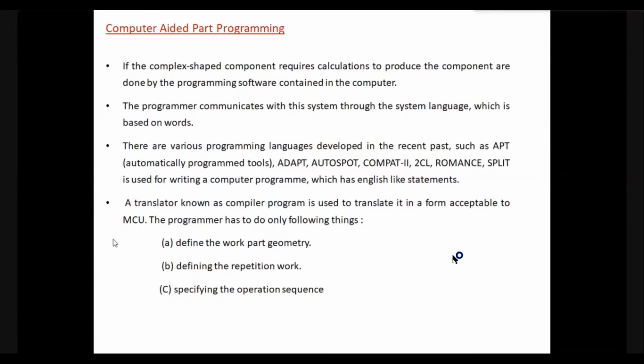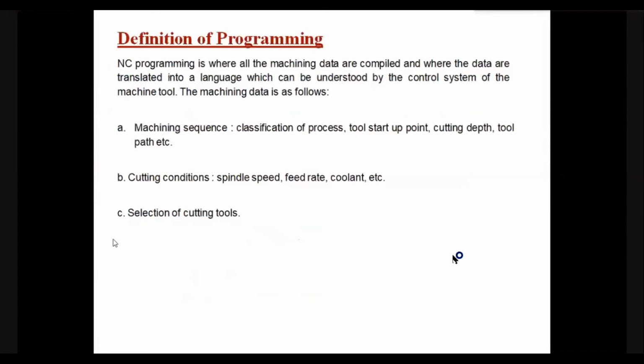Yes. Okay. So here, NC programming is where the data are taken and the data are translated into a language which can be understood by the control system of the machine tool.